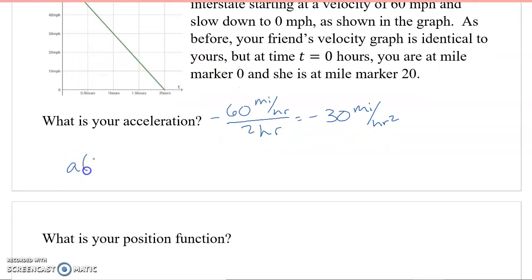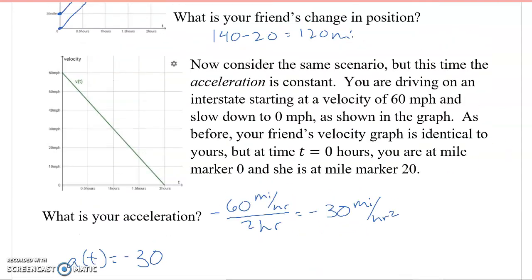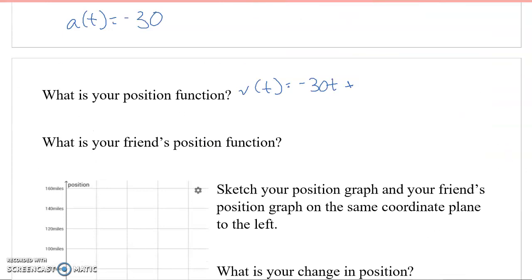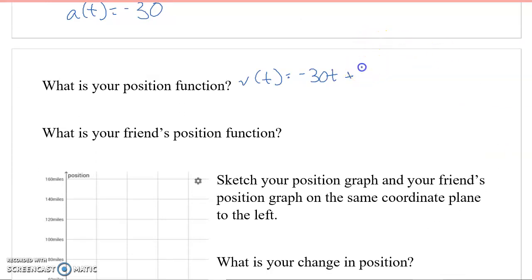The acceleration is equal to negative 30, so your velocity is going to be negative 30t plus the initial velocity of 60 miles per hour. So that means that your position function is going to be negative 15t squared plus 60t plus 0.